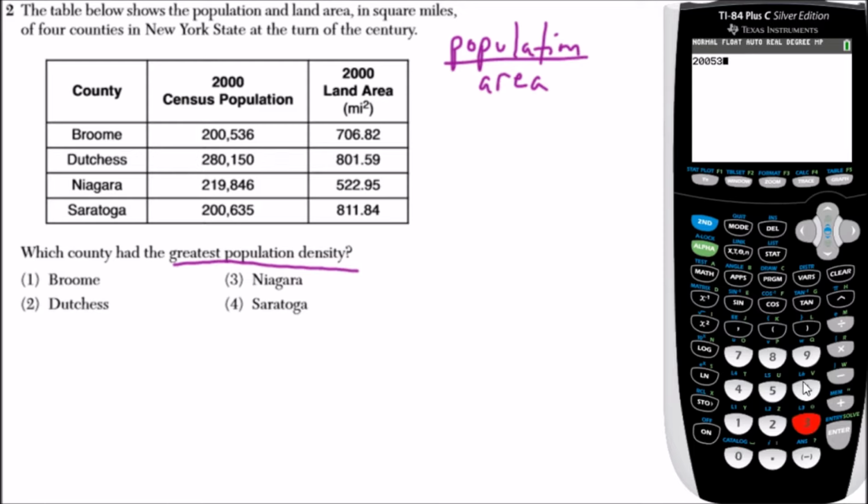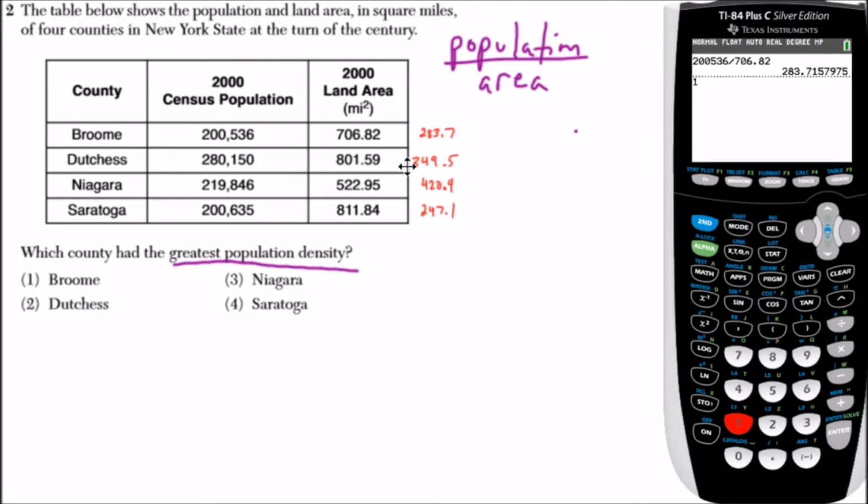So we're dividing 200,536 by 706.82. And if we look, the population density for the first one to the nearest tenth is 283.7. And the units would be people per square mile if we had to give it units, but it's multiple choice. So we only care about the numbers.